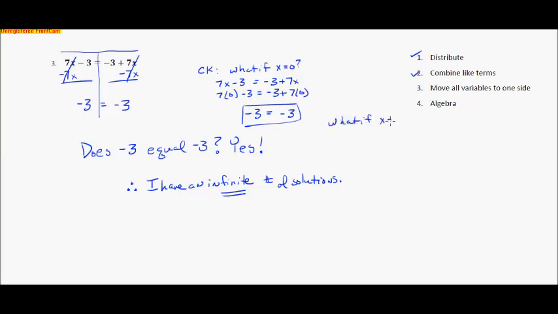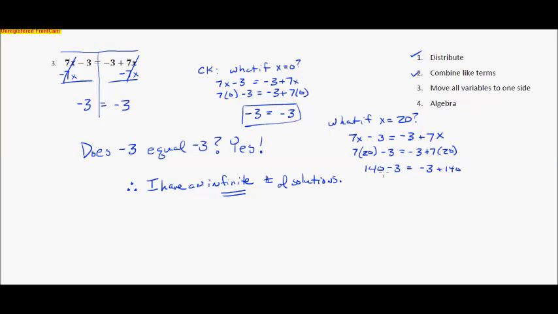What if x equals, let's say, 20? Let's take another pretty easy number to deal with. Multiplying by 20, no big deal. So I'm going to plug it in again. Every place I see an x, I'm going to plug in a 20. 7 times 20 is 140, and again, 7 times 20 is 140.